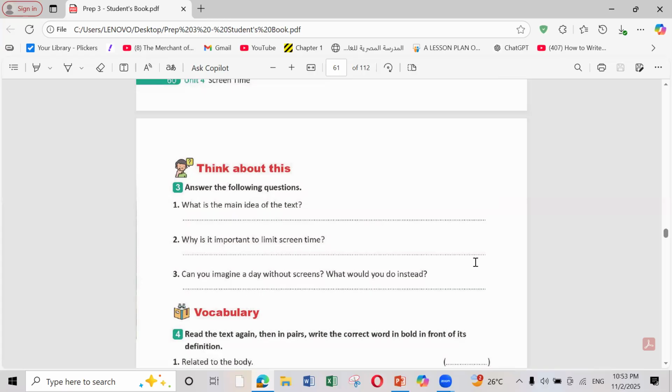Can you ignore or keep the laptop or any of the available screens at your house away from you and look only at the book and study?